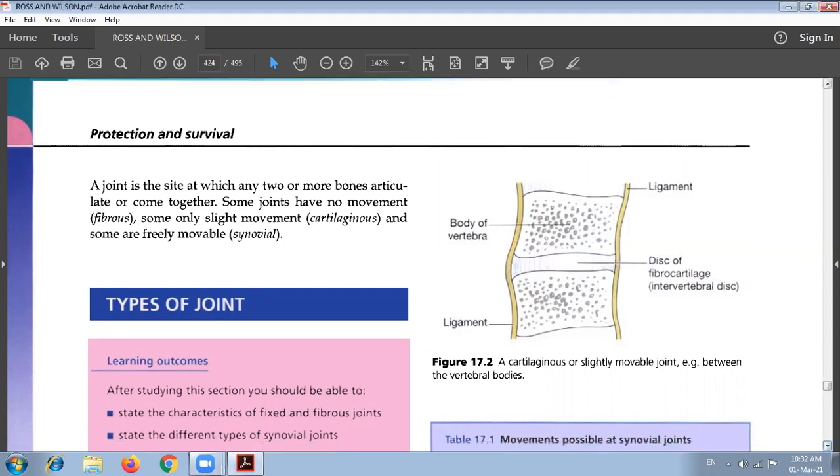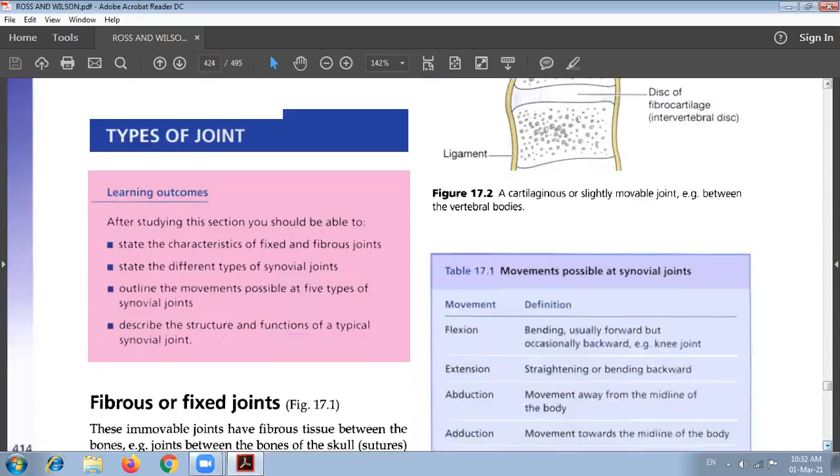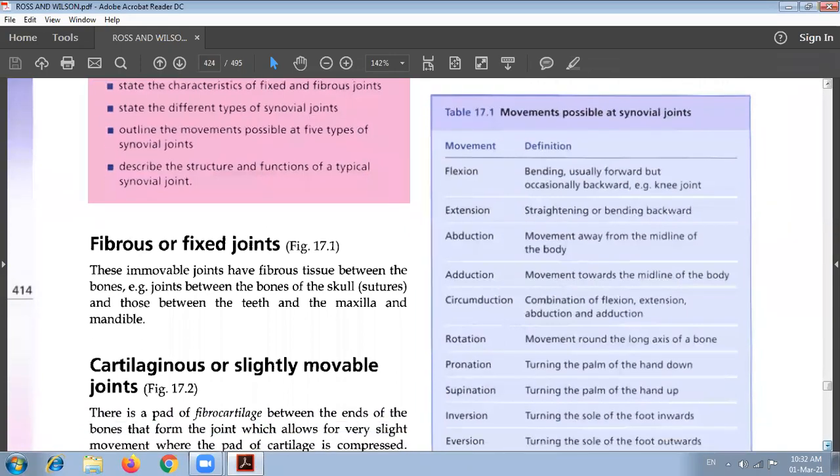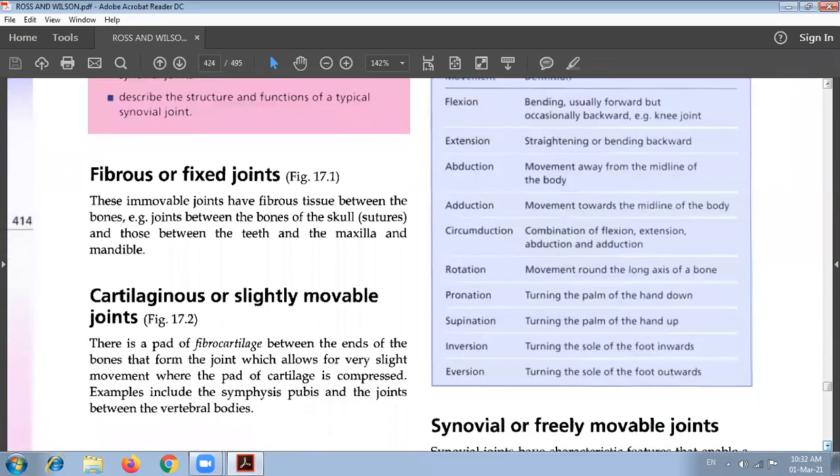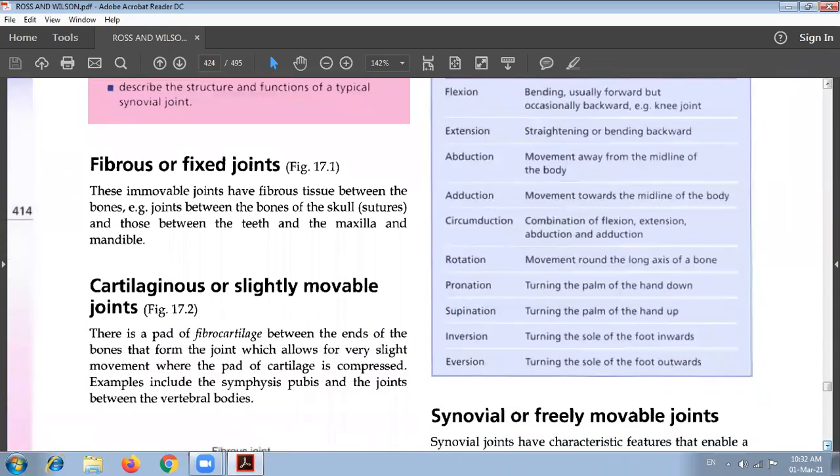The first type of joint is the fibrous or fixed joint. Fibrous joints are immovable joints that have fibrous tissue between the bones. Examples are the joints between the bones of the skull.